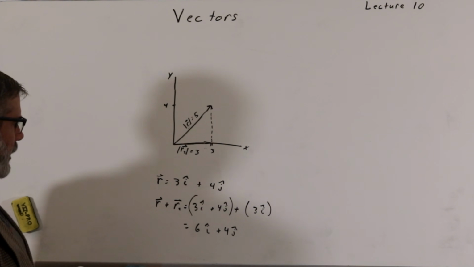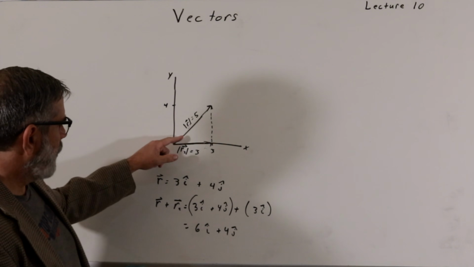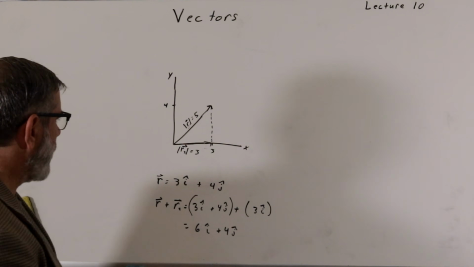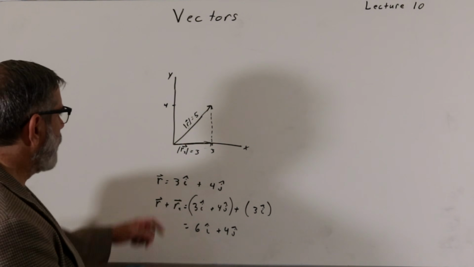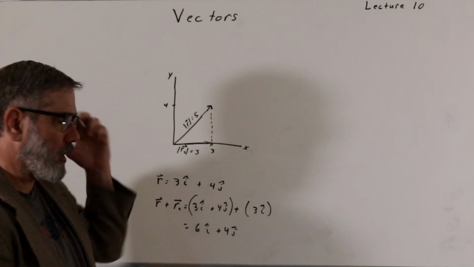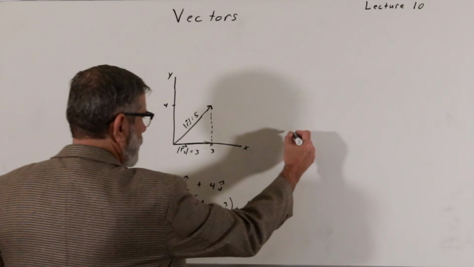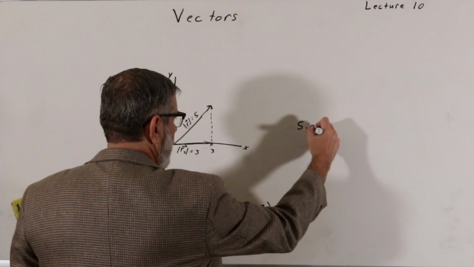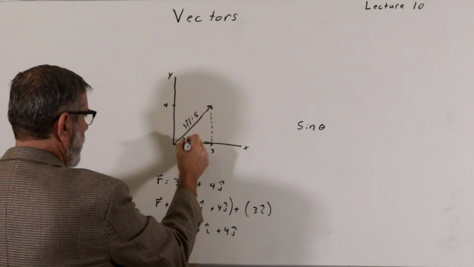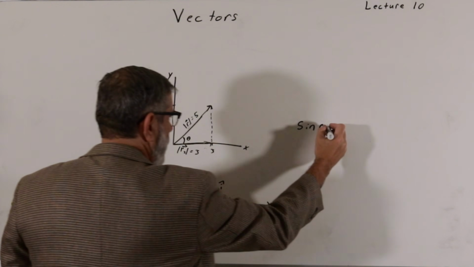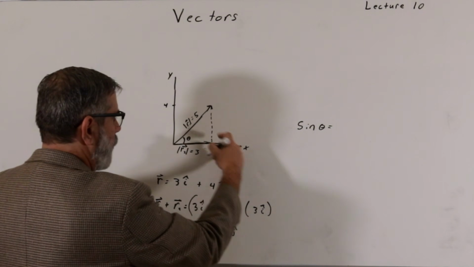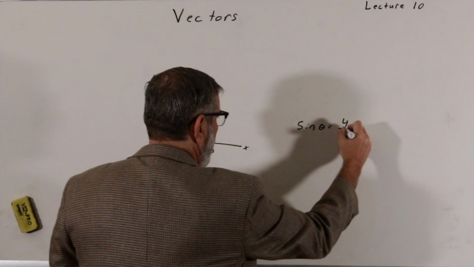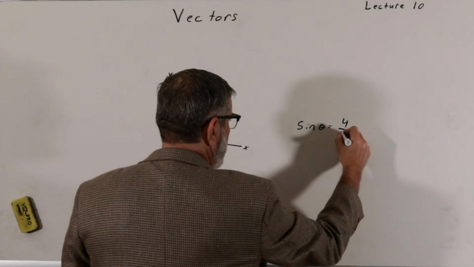So, if we wanted to get the angle that this makes in this 3, 4, 5 triangle, we could use either the tangent function or we could use a sine or a cosine function. And so we know that the sine of theta, this angle here, is equal to the opposite, which would be 4 units, over the hypotenuse, which is 5 units.